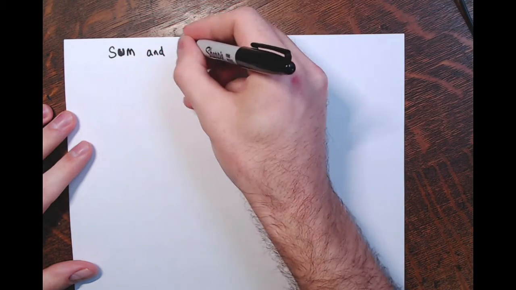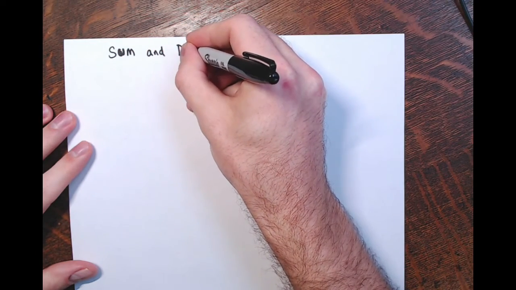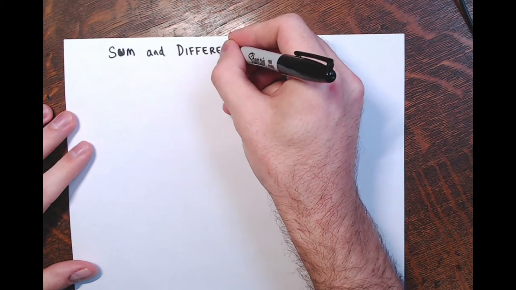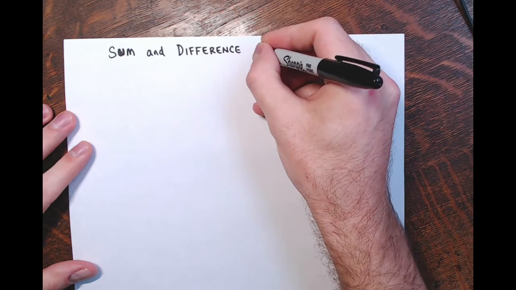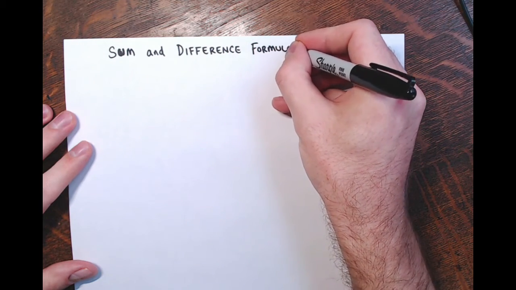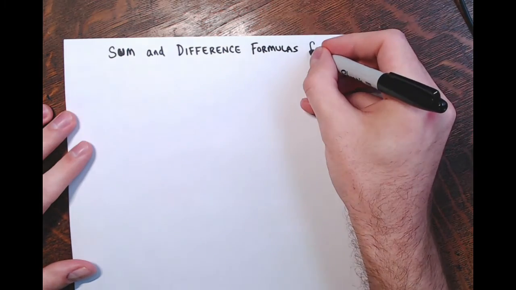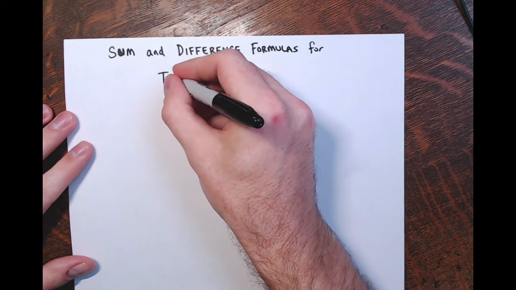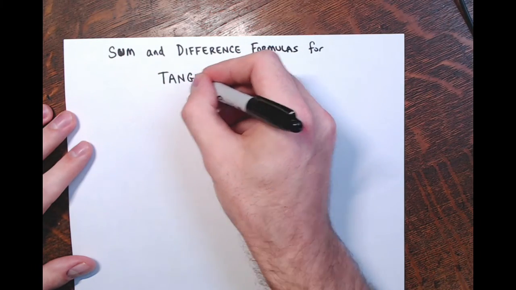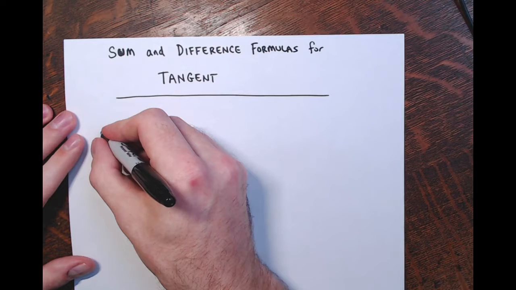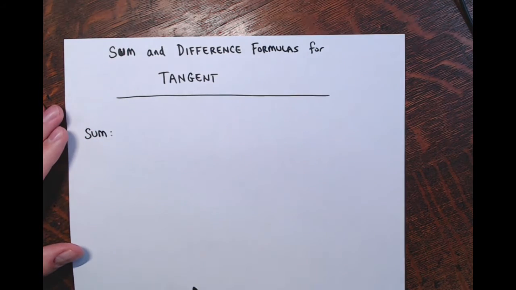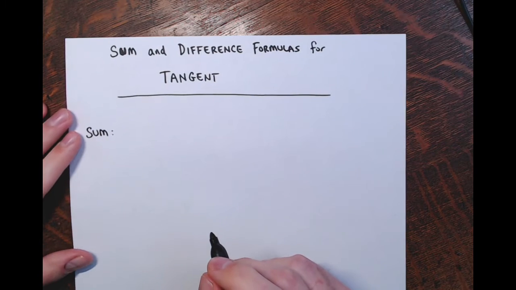The sum and difference formulas for tangent. First I'll do the sum formula, and they're very, very similar, just some changes in signs.